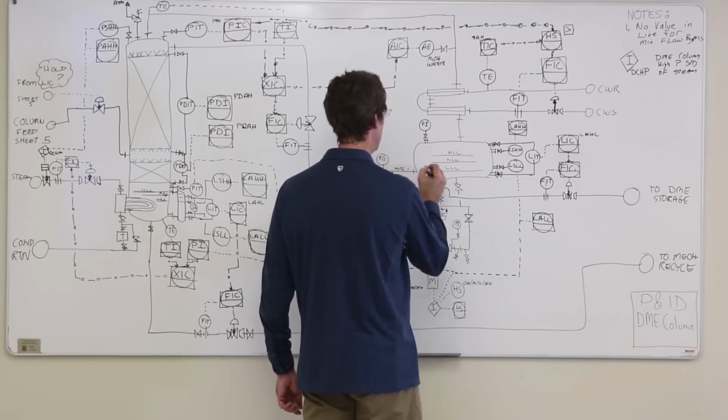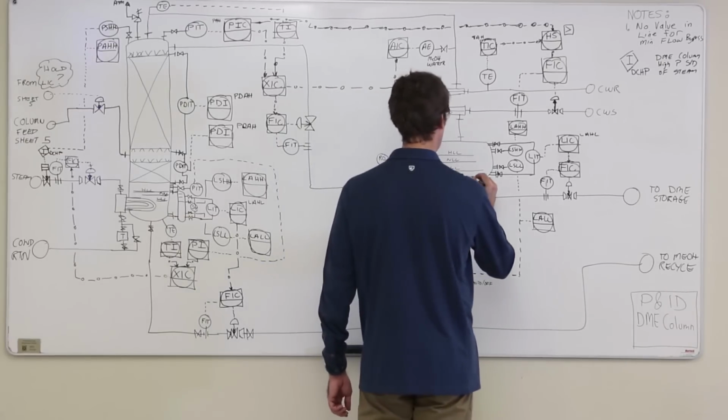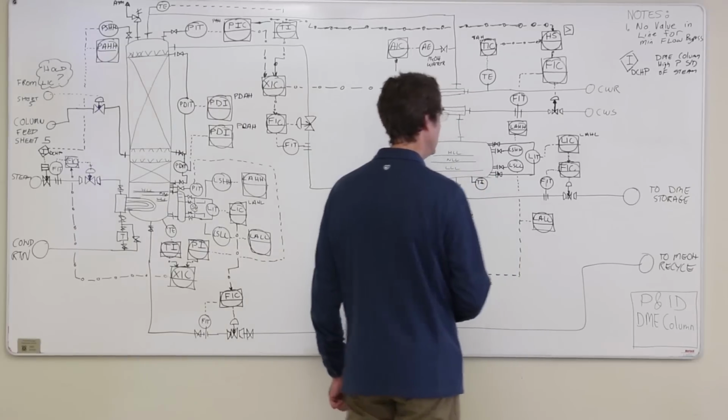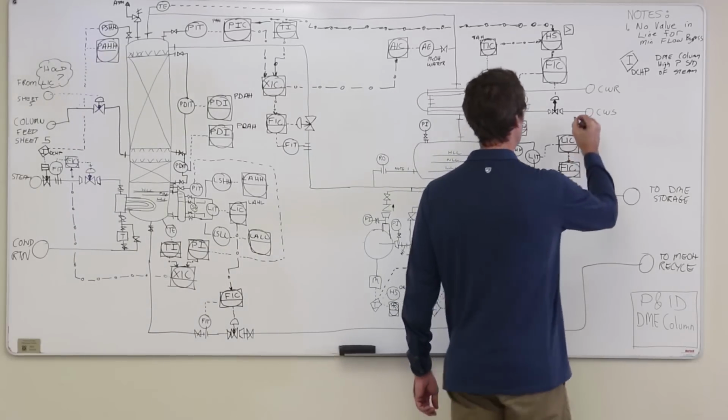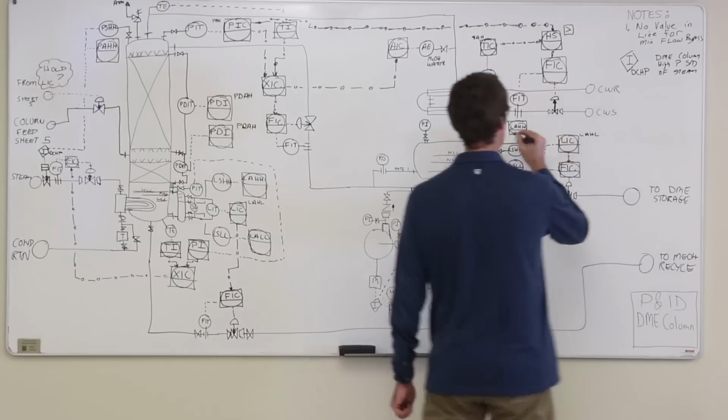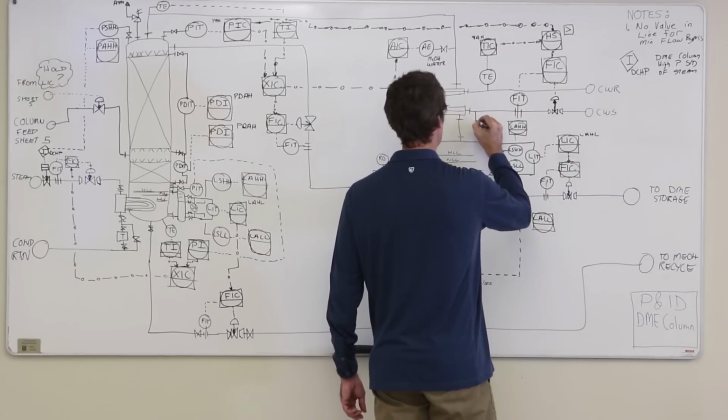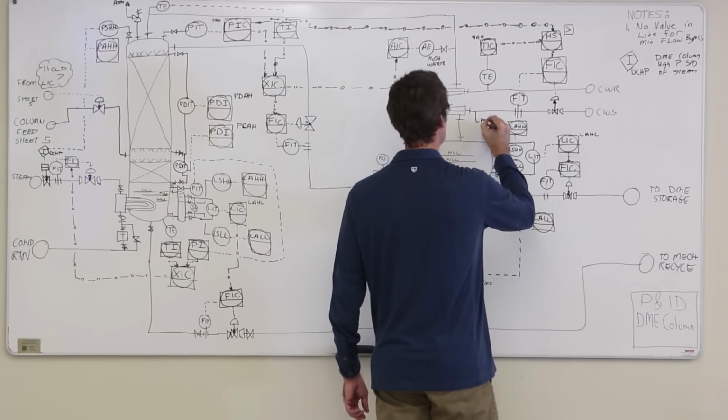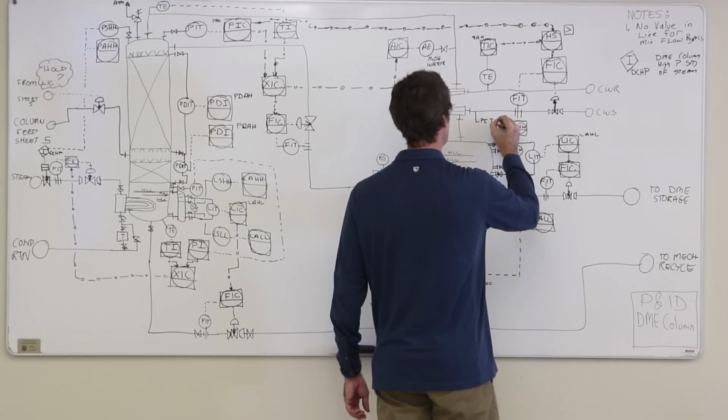I'd also be very interested in knowing what the temperature is, so I would put a TI in there. It's just a thermometer. I'm probably very interested in knowing what the cooling water pressure and temperature is. So I'd probably just do a dual gauge, PI-TI gauge. These are available.